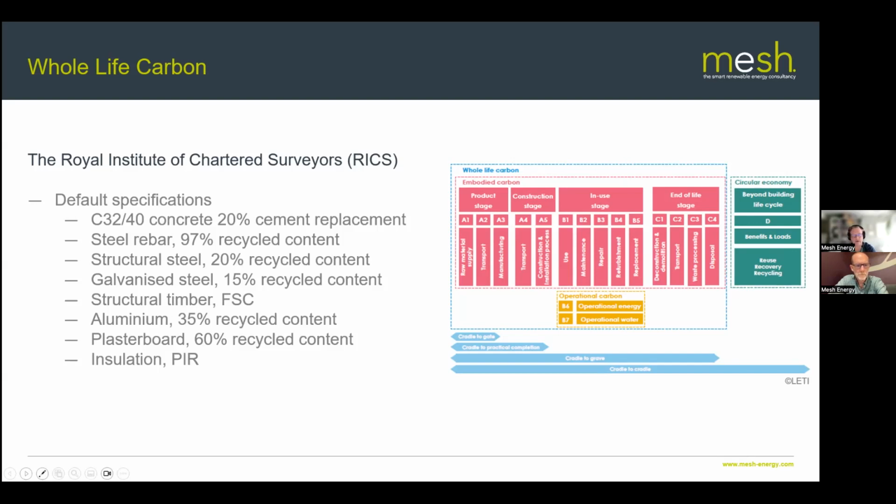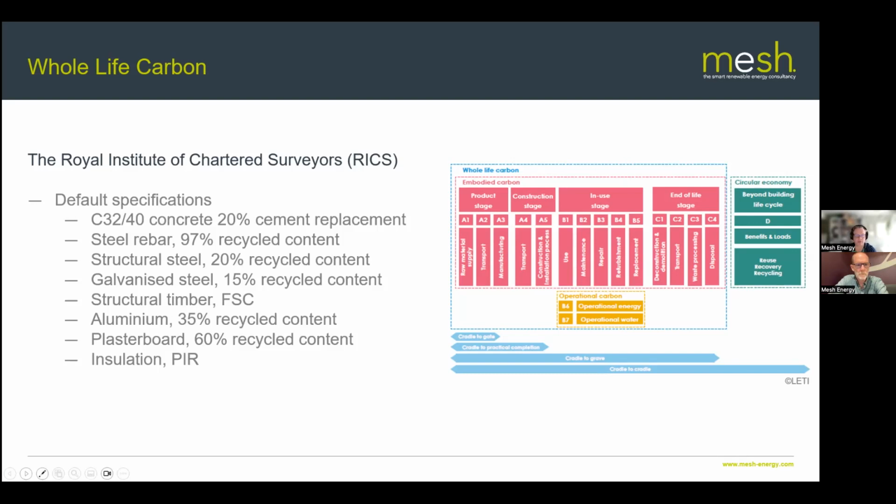What's important to remember is that at the early design stages, so we're talking early Stage 2, is when we start quantifying the quantities of materials and the effectiveness of the choices, the calculator we use has a very extensive database of material specifications.